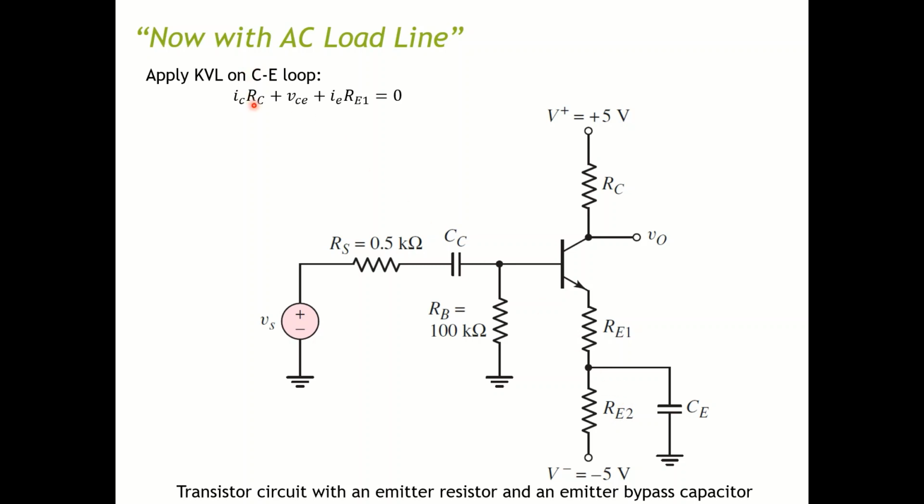So in this case, you can see we can have IC RC, which is the voltage across here, plus VCE plus IE RE1, the voltage across this path.